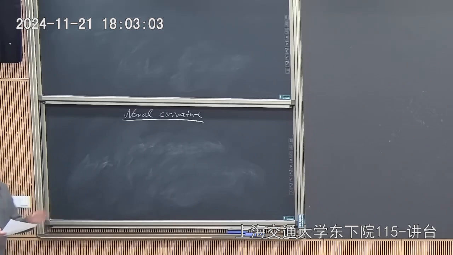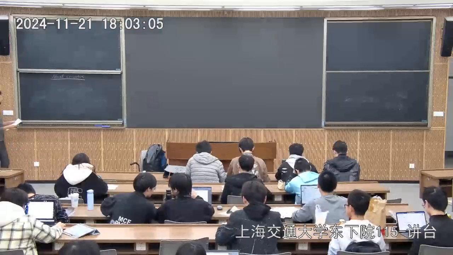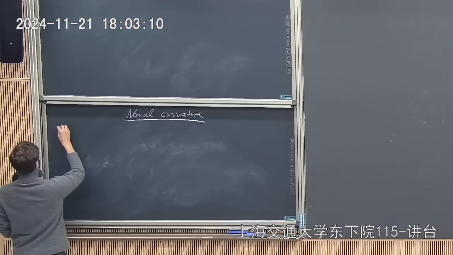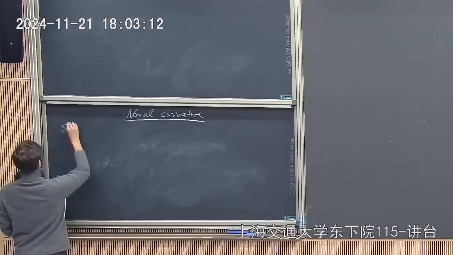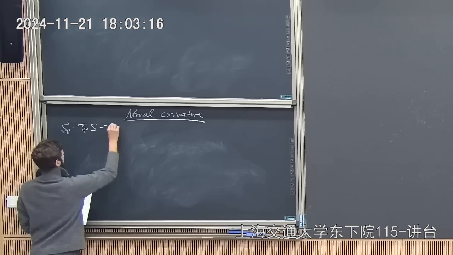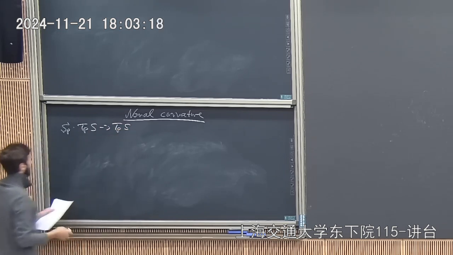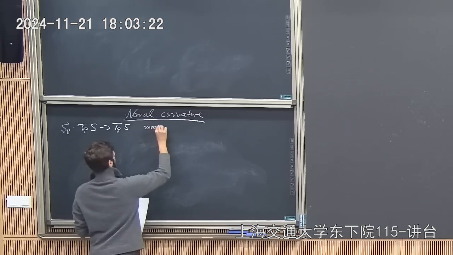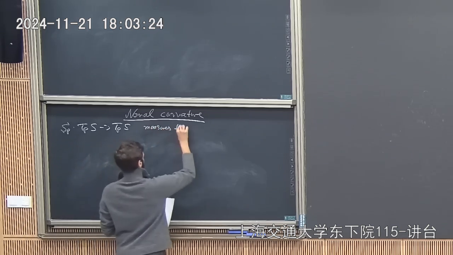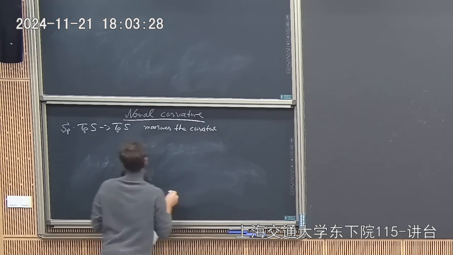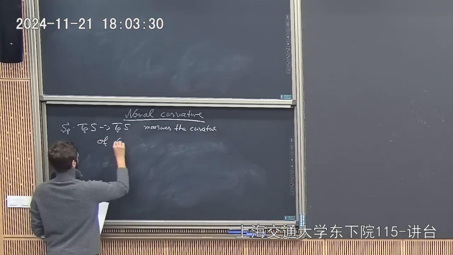That's one way to extract a certain number out of the shape operator. What we have seen is that the shape operator at some point, which is a linear map from the tangent space to the tangent space, measures the curvature of the surface.